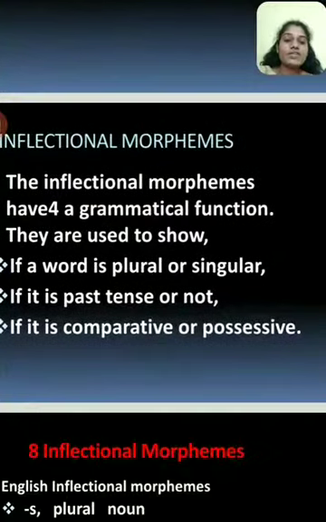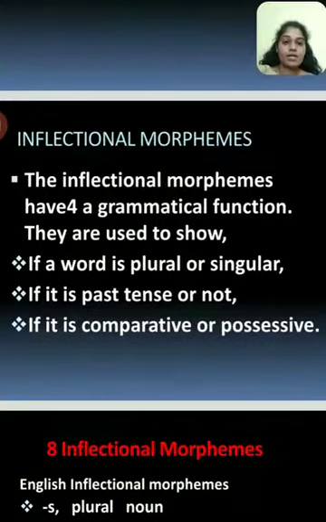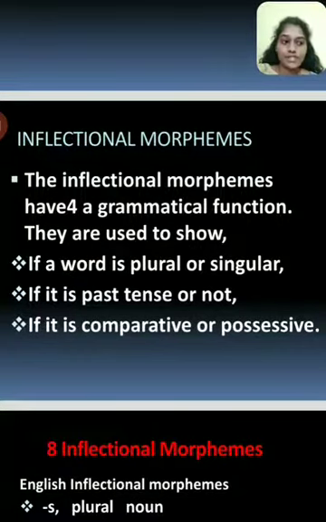Next one, inflectional morphemes. These morphemes have grammatical functions. First one, they are used to show if a word is plural or singular. Second one, if a word is past tense or not. Third one, if it is comparative or possessive.